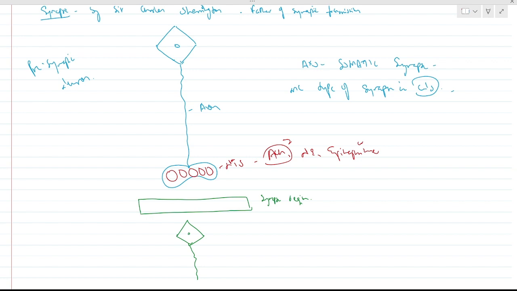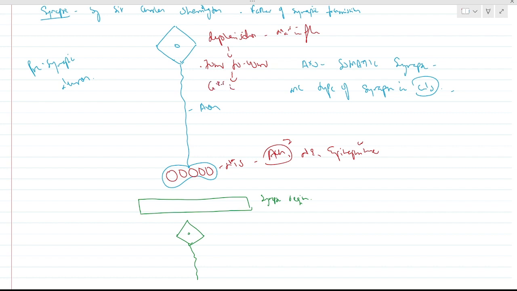We have discussed before that there is depolarization due to sodium influx. It goes from minus 70 millivolt to minus 40 millivolt, which is the firing level for opening of calcium channels.